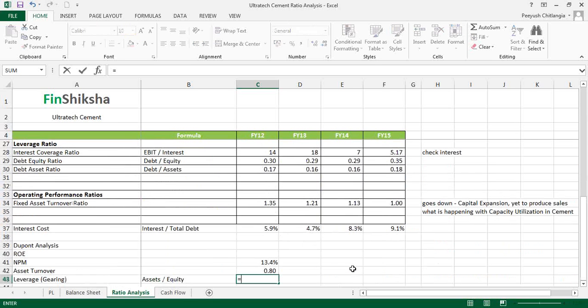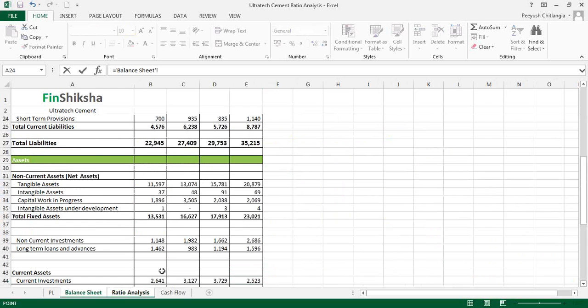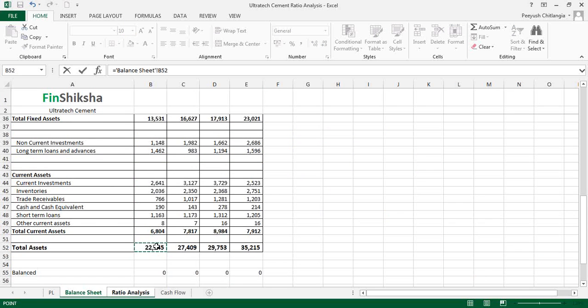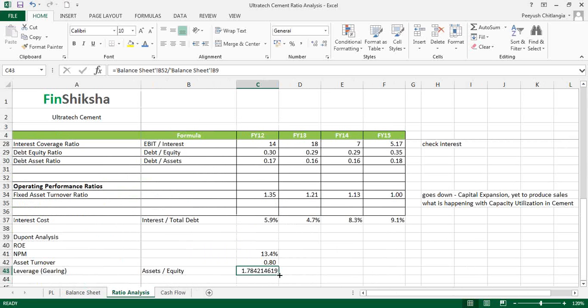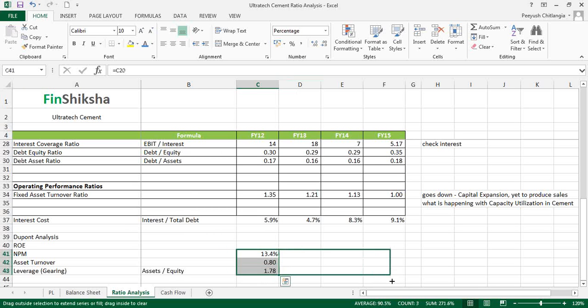What is assets by equity? We go to the balance sheet, click on total assets divided by shareholder funds. So we get assets by equity. That's this number. Select these two and format. Select these and drag.